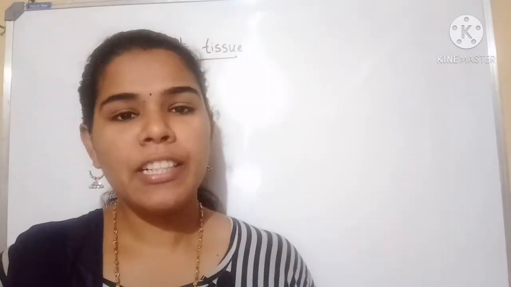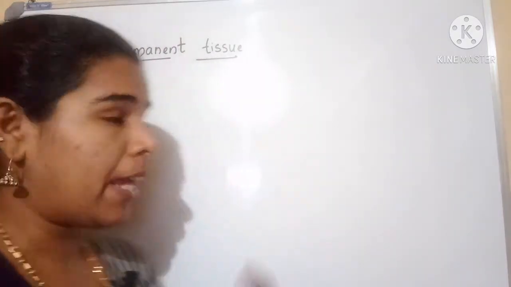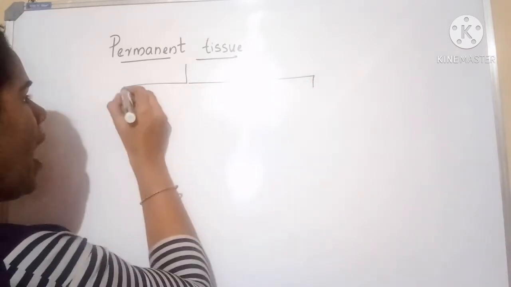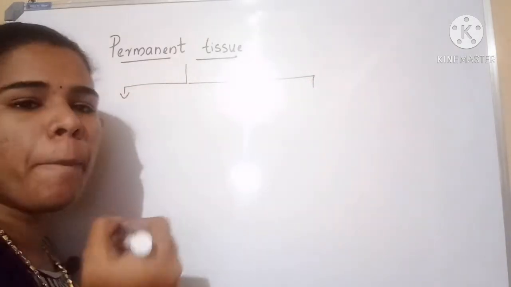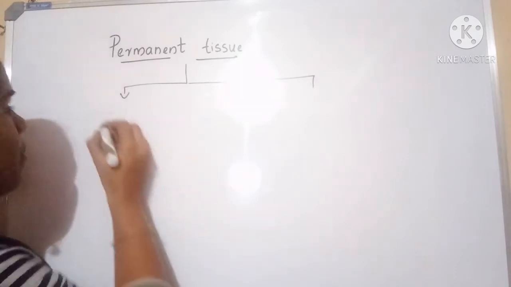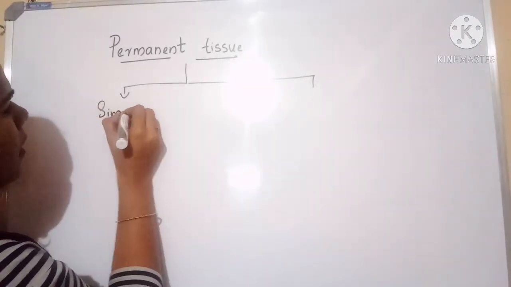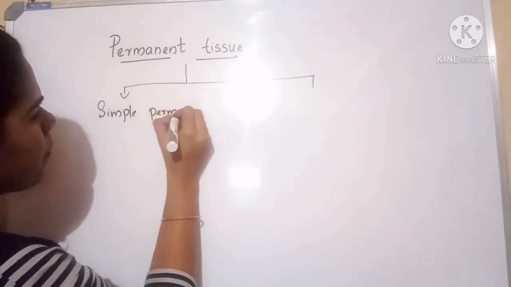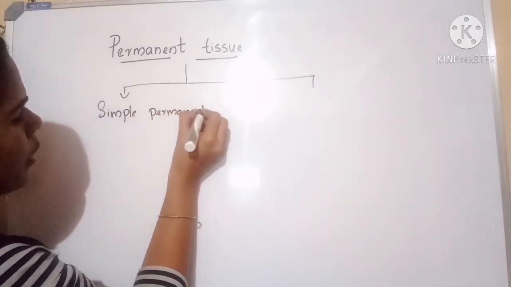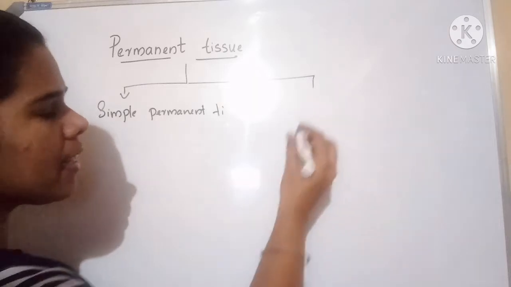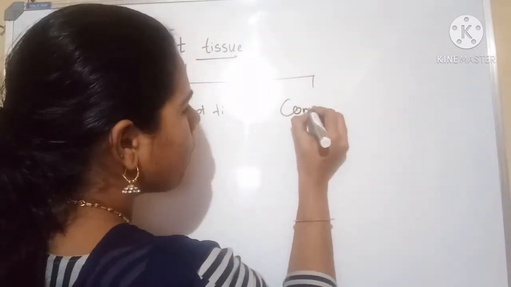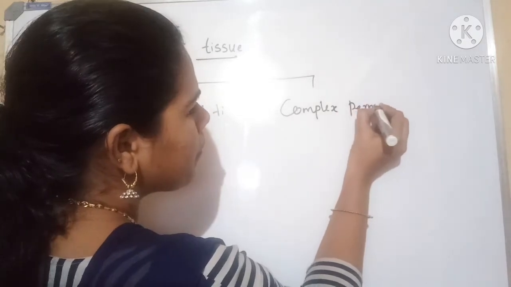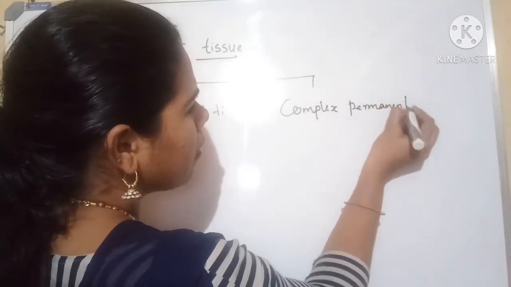Permanent tissue is classified into two types. The first one is simple permanent tissue and the second one is complex permanent tissue.